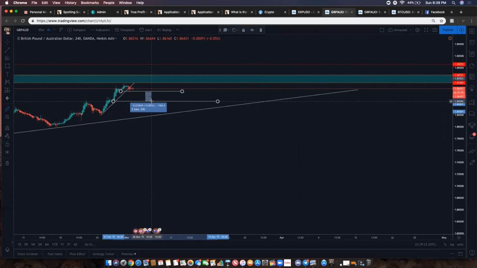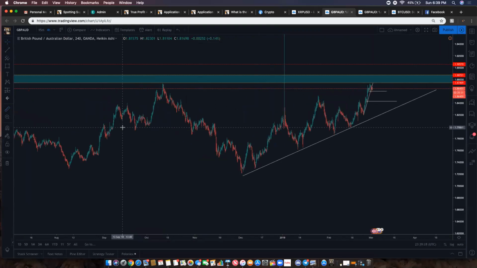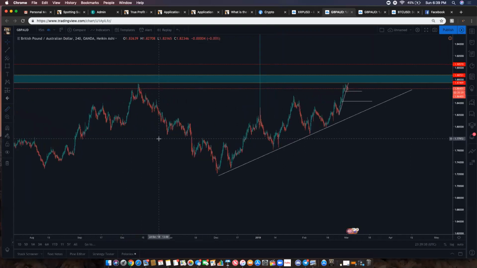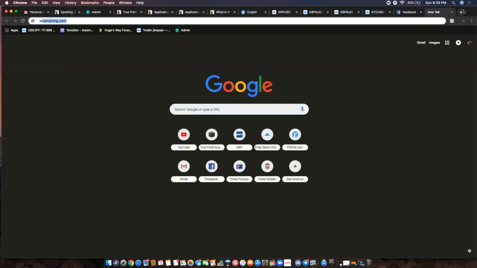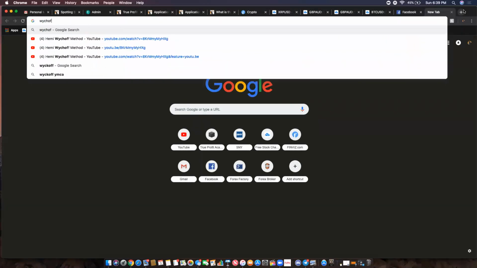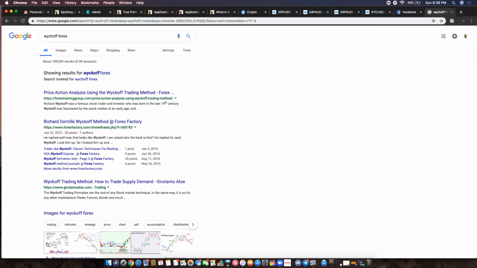So how does Elliott wave sort of work with Wyckoff? So Elliott wave and Wyckoff, let's pull up our Wyckoff sheet.